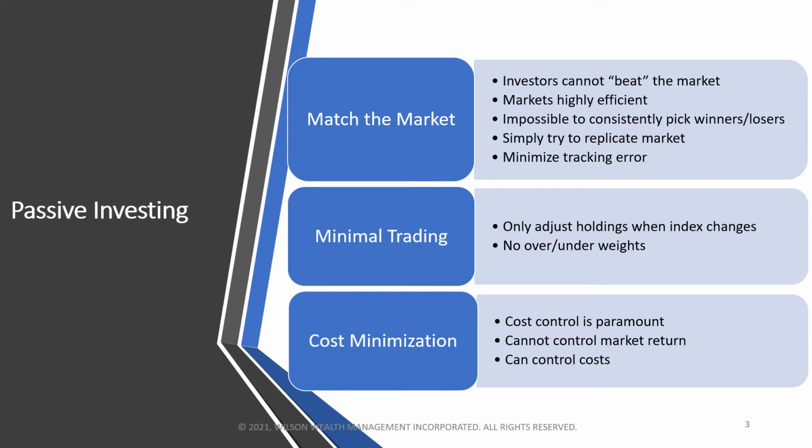So it's impossible or very, very difficult to find the buried treasure, because a passive investor believes that there really isn't any out there. And that on a consistent basis and over long time periods, it's very difficult to impossible to pick winners and losers.